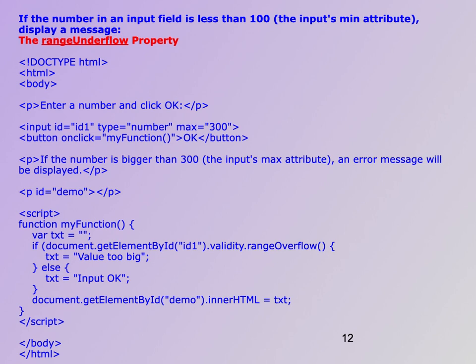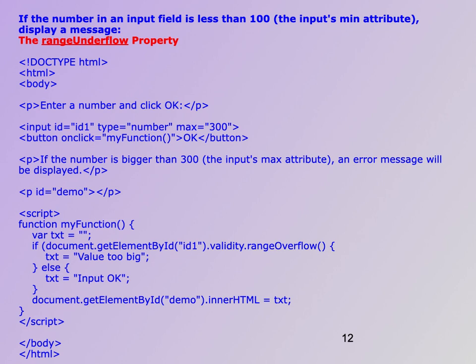If the value is greater than 300, for example 301 is the value you have input, then range overflow will be evaluated, and the validity will be changed. In that particular case it's a range overflow value, so it gives a true value as the return value. Then txt is updated with "value too big", or else txt is equal to "input OK".